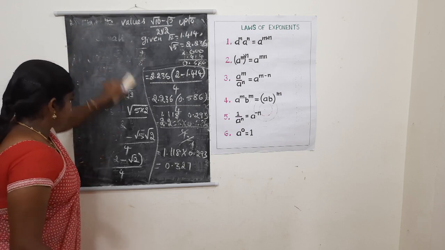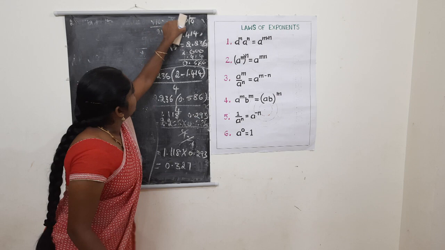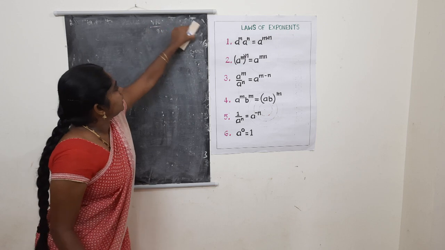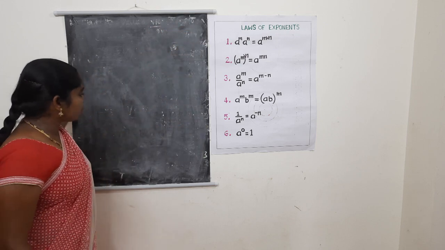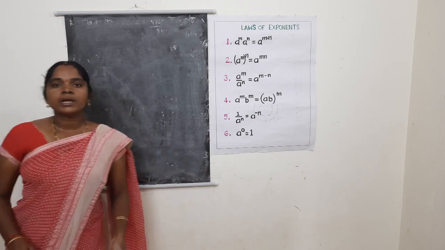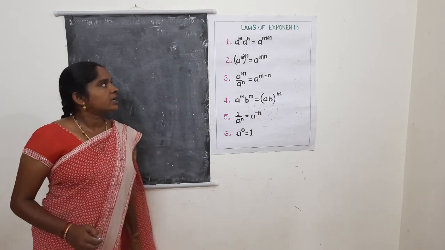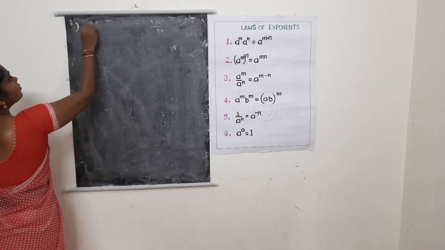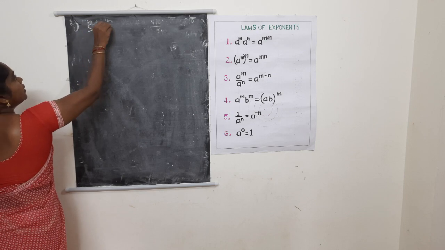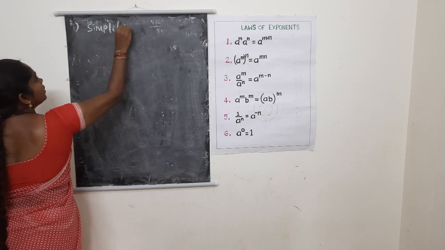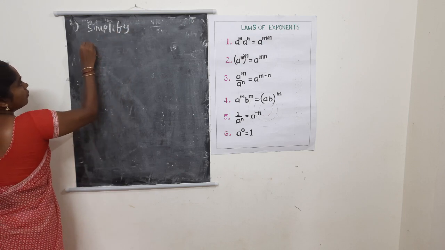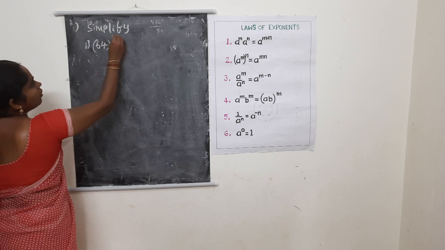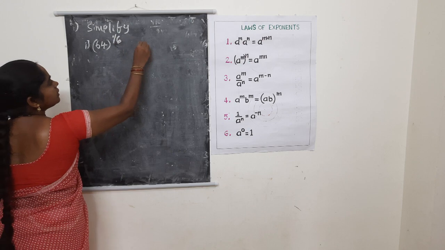Next, let us see some exercise problems related to laws of exponents. First problem, simplify: first one, 64 whole to the power of 1 by 6.